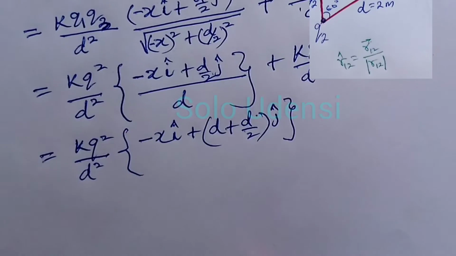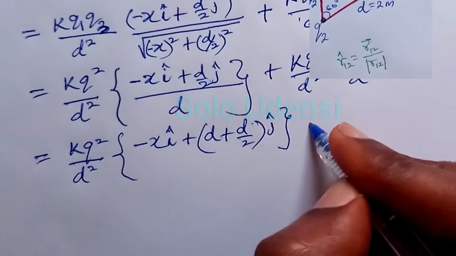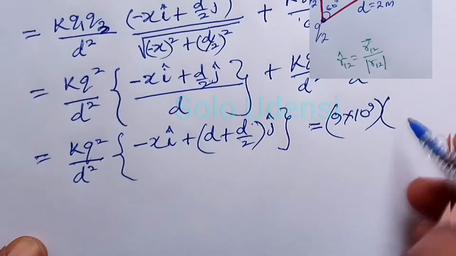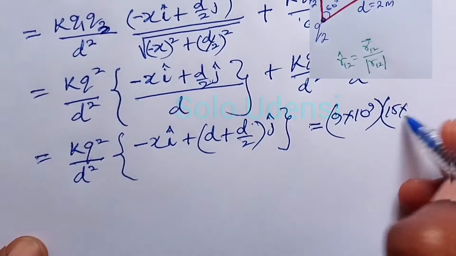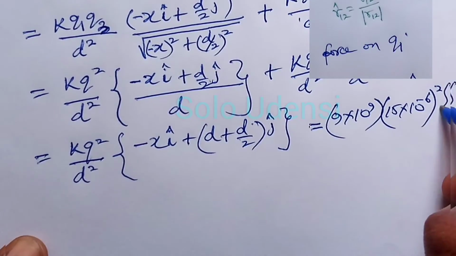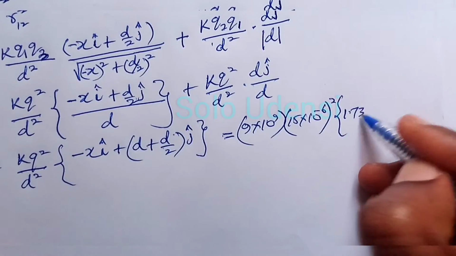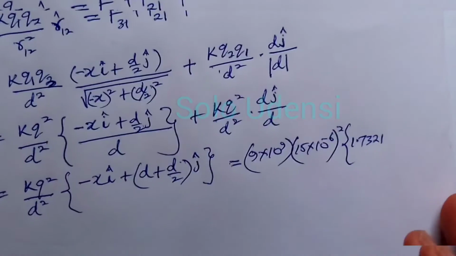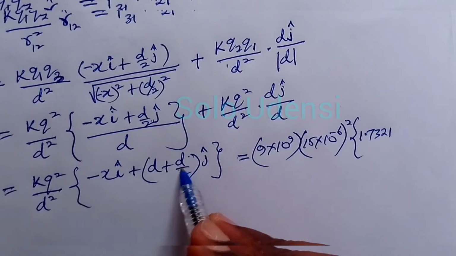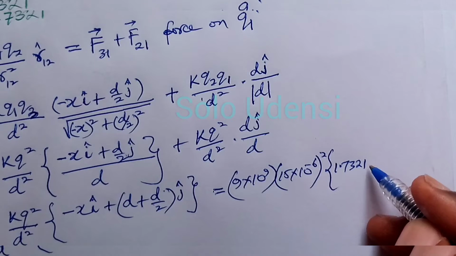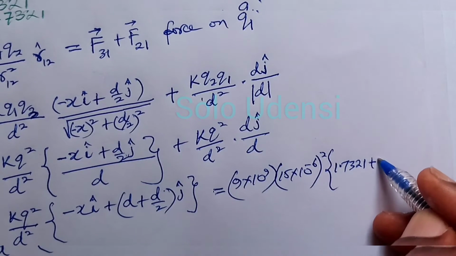So if we now put the numbers, it is equal to 9 times 10 raised to the power 9 for K. Then 15 microcoulomb, 15 times 10 raised to the power minus 6, squared, into x, which we have found to be 1.7321. d is 2 meters, so we have plus 2 meters.